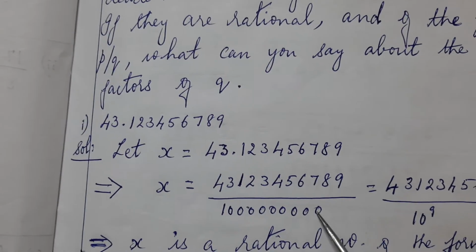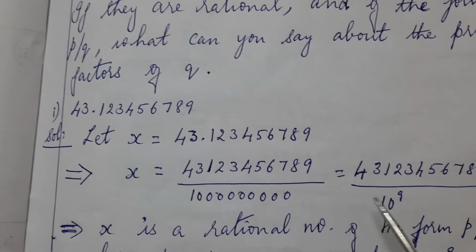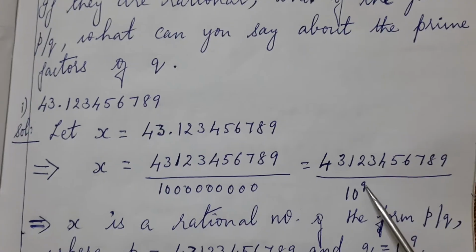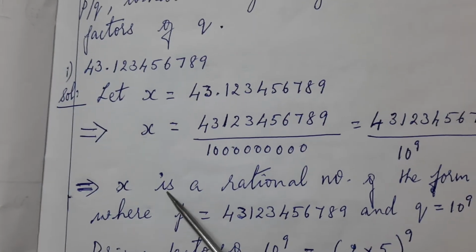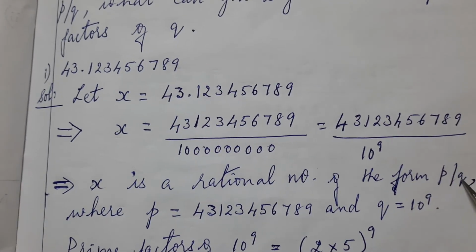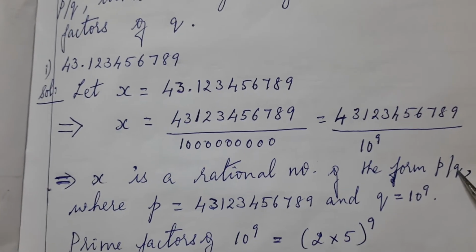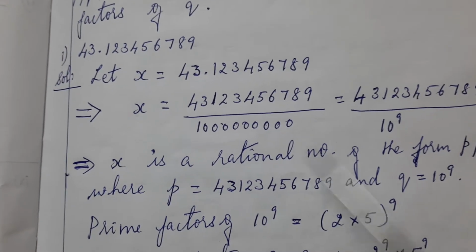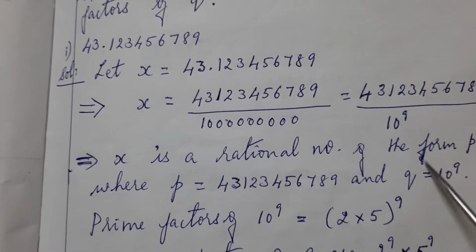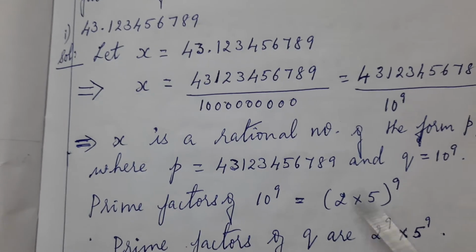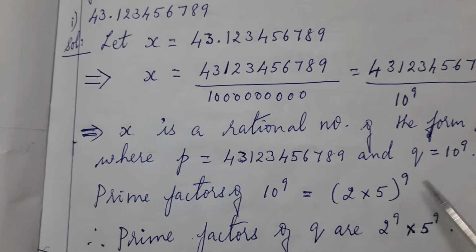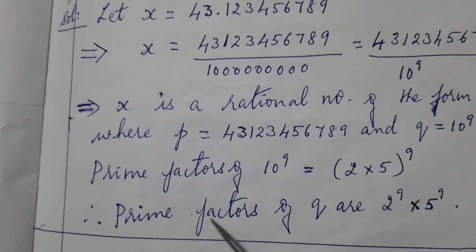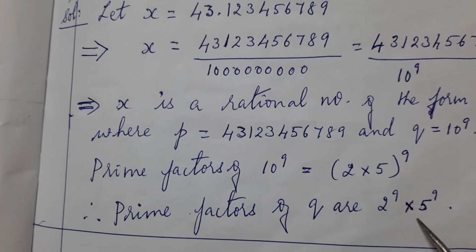So 9 zeros, so it is 10 to the power 9. Now we have got it in the form p by q. So this implies x is a rational number of the form p by q. Now p is the numerator and q is the denominator, 10 power 9. Now prime factors of 10 power 9: 10 can be written as (2 into 5) the whole power 9. So prime factors of q are 2 power 9 into 5 power 9.